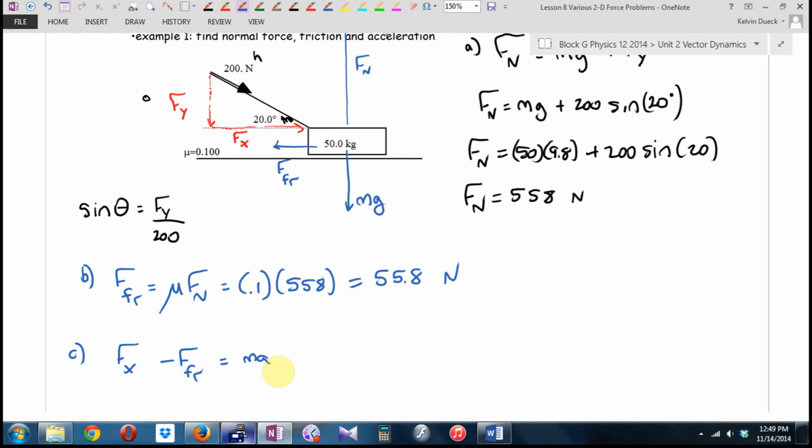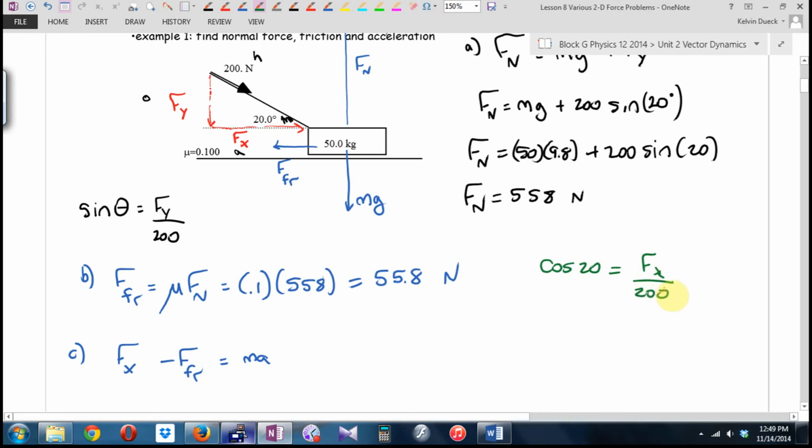Let's find out. Adjacent over hypotenuse. Oh, look at that. Cos 20 equals fx over 200. How can I get the fx by itself? Times by 200. Okay.